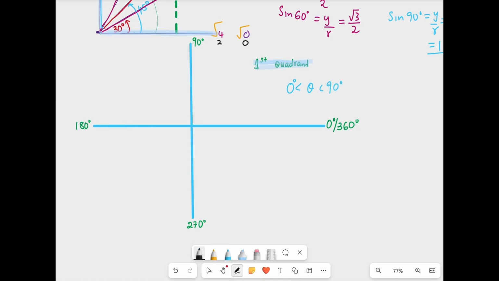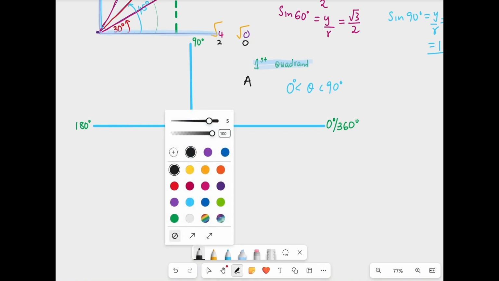And in the first quadrant, all ratios are positive. So if I'm in the first quadrant, that means sine, cos, and tangent are all positive, even their reciprocals. We also have the second quadrant.